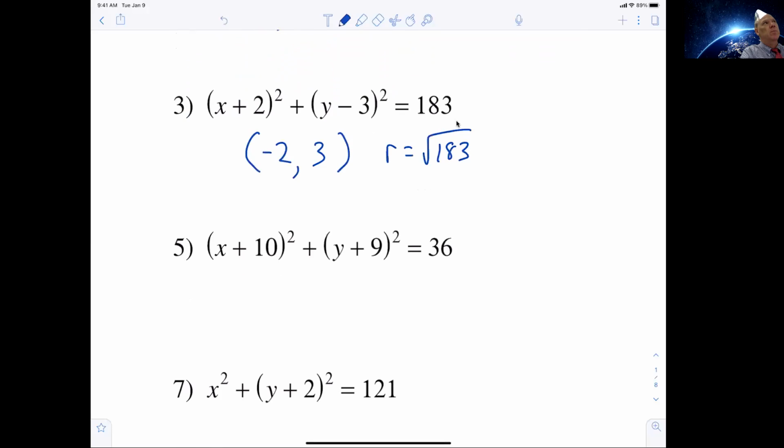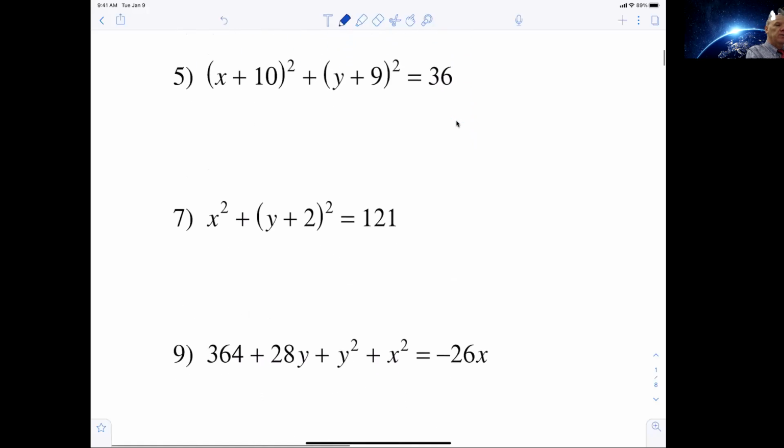That's how simple. Just to be sure, we're going to take a look at number 5. So the center here would be? And the radius? 6. I told you, it's really, really simple.